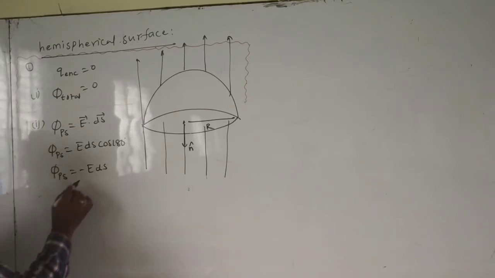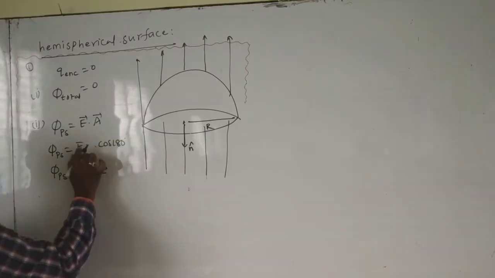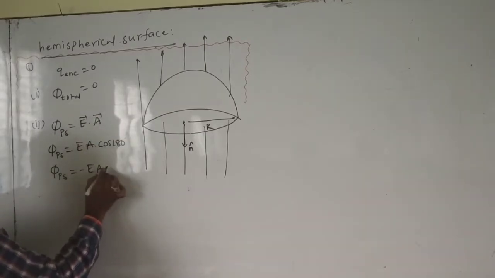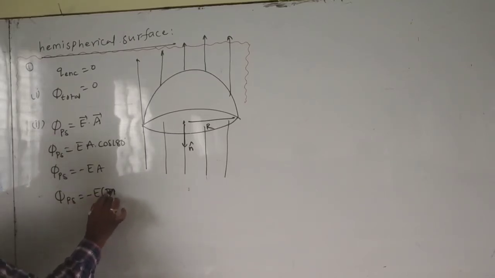What is the area of the loop? It is pi r square. So the flux is minus E into pi r square. This is the flat surface.